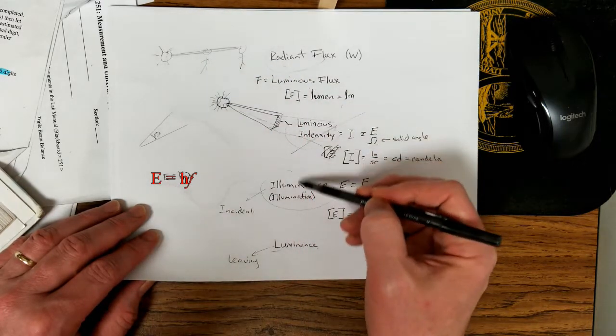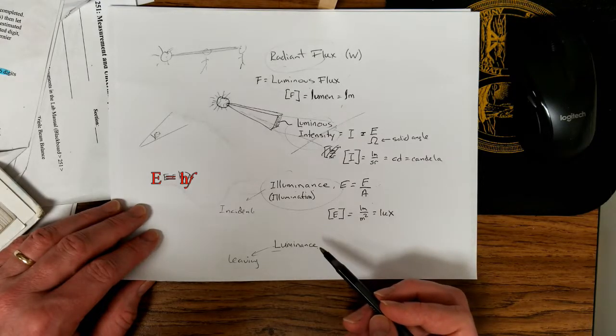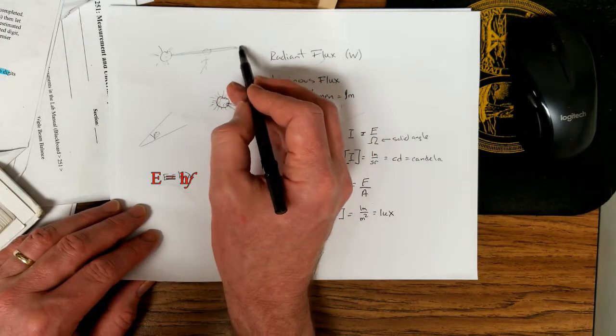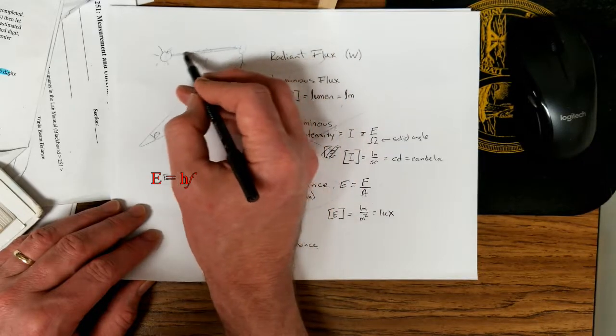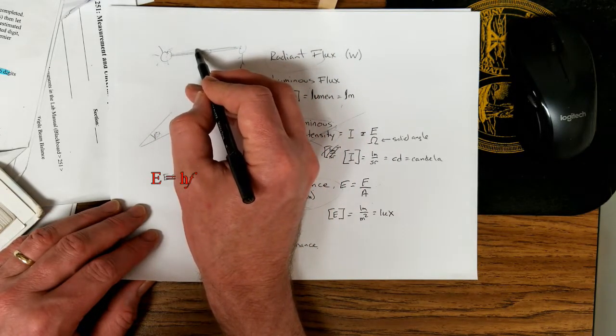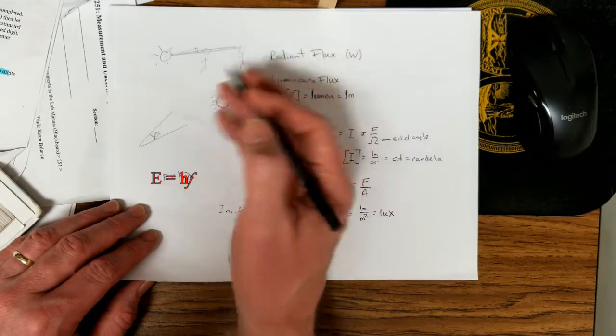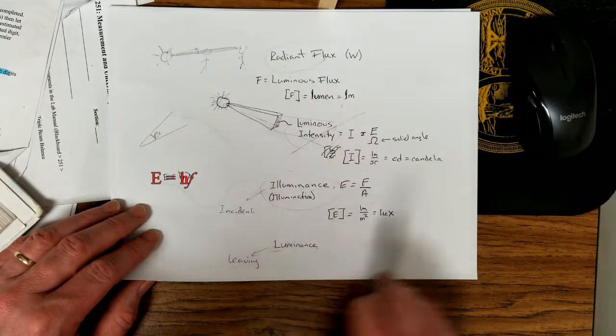Which of these changes? Or if we imagine that the surface of my eye is basically the surface area, and as I get closer, the solid angle gets bigger because my eye is closer to it, then which of these changes for that?